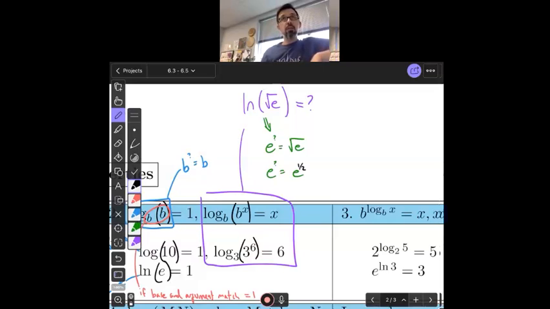Okay. So the natural log of the square root of e is equal to 1/2. So you guys do need to know this. Okay? This is definitely something that we've talked about, and it is something you will see again while we're doing this stuff.